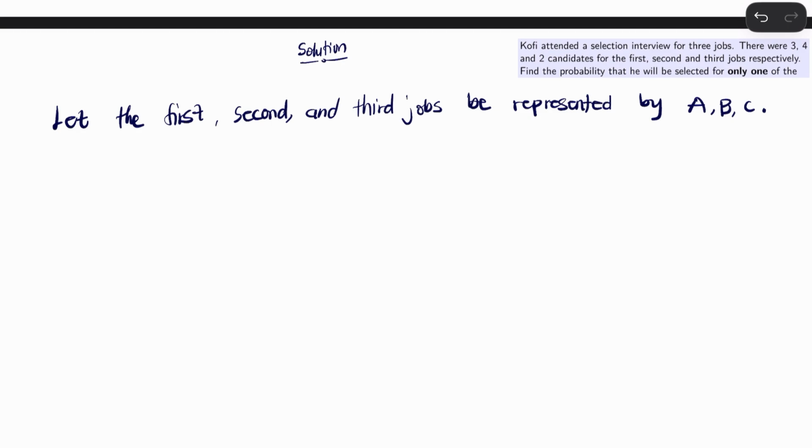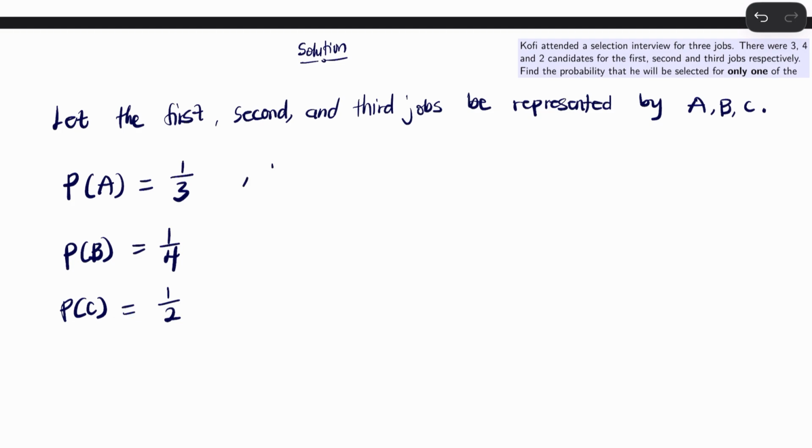Solution. Let the first, second, and third jobs be represented by A, B, and C. Then the probability that Kofi will be selected for the first job is given by 1 on 3 because there are 3 candidates for the first job. Also, P of B will be given as 1 on 4, and P of C will be 1 on 2.